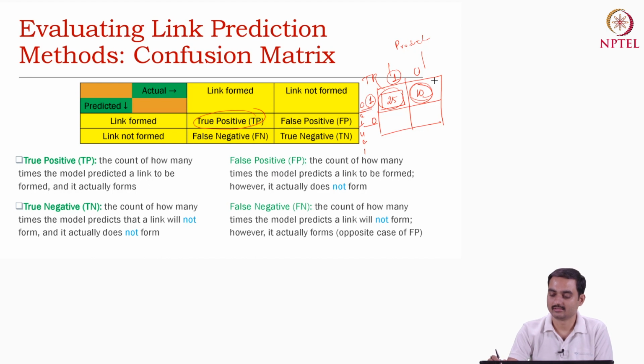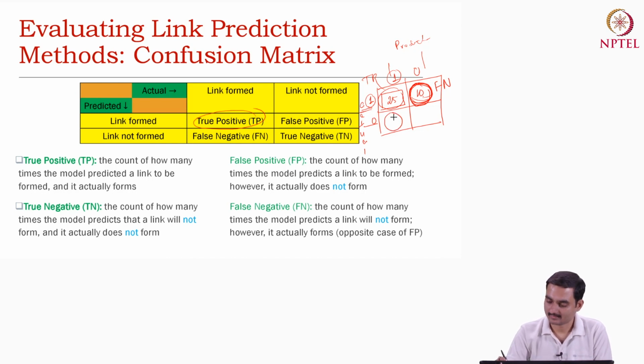So you say that it is negative, but this is false. It is negative, but it is actually positive. So you say that this is negative, but this is false. It's called false negative.